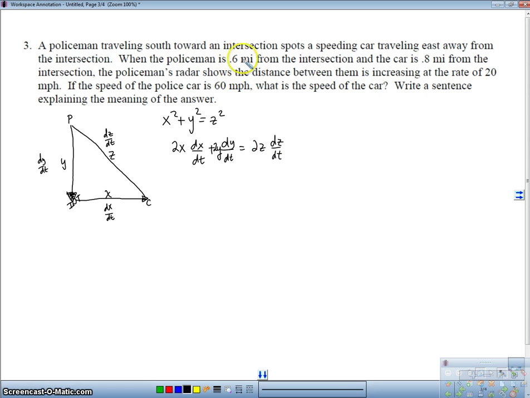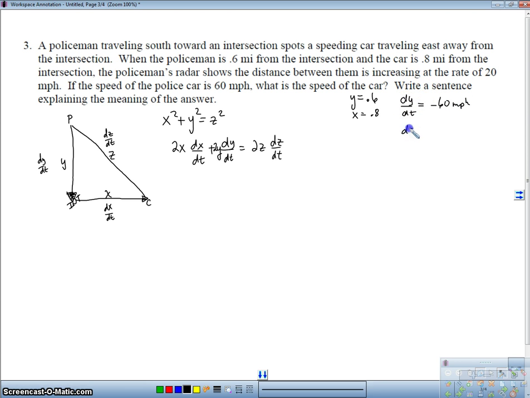Notice here that even though I know that y is 0.6 and x is 0.8, and the police officer is traveling dy/dt at 60 miles per hour, I'm going to put that negative in there because it's going down.